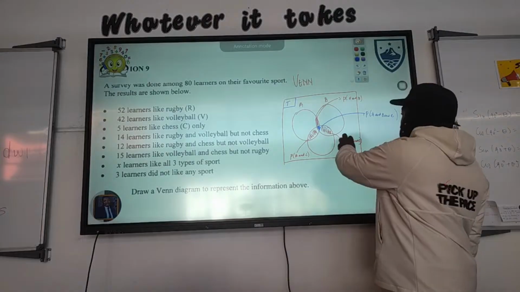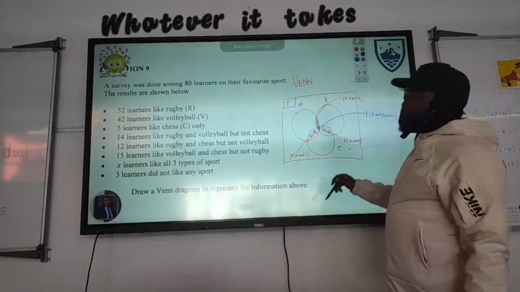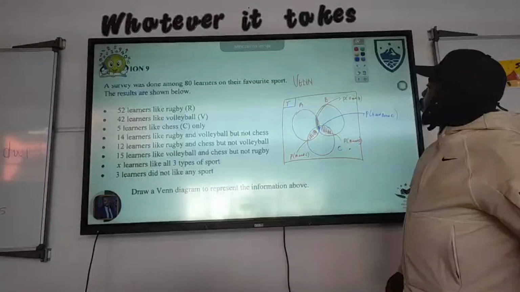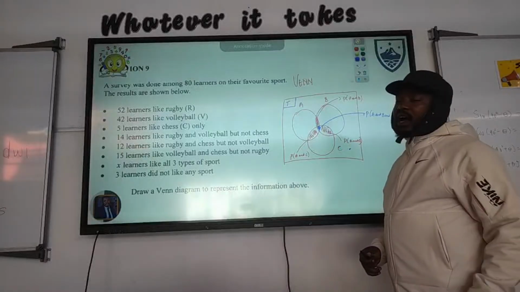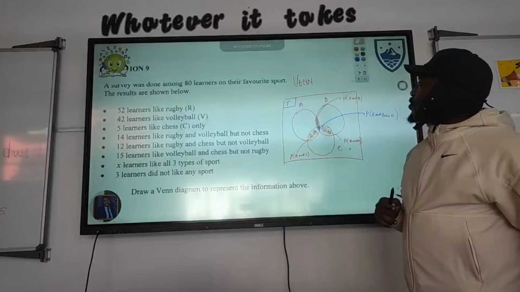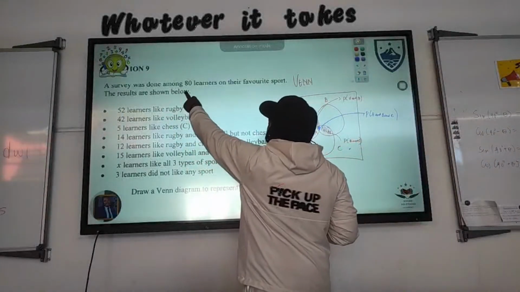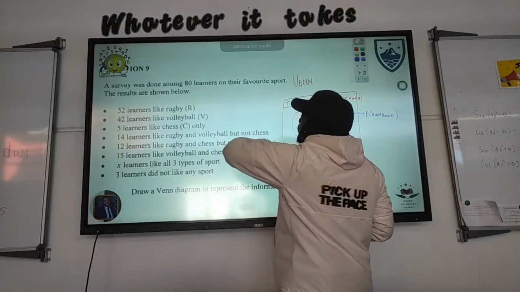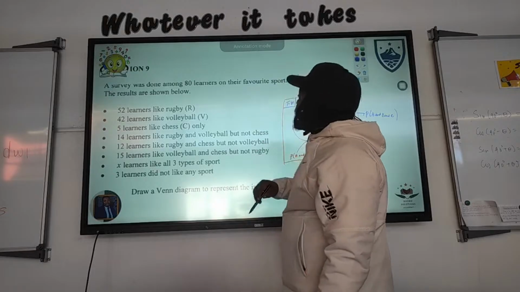So once you see any number outside the 3 circles, you know that number is those who are not part of those events that you are required to select, and then this will give you a total number. For example, you see here they're saying a survey was done among 8 learners on their favorite sports, so we know this total number will just be 8 for this one.